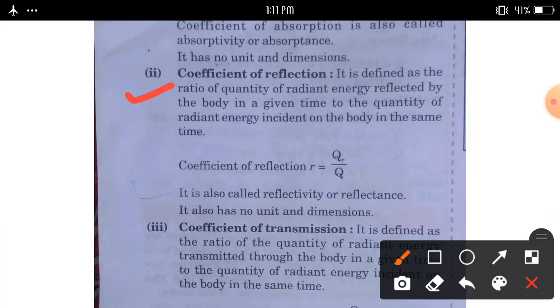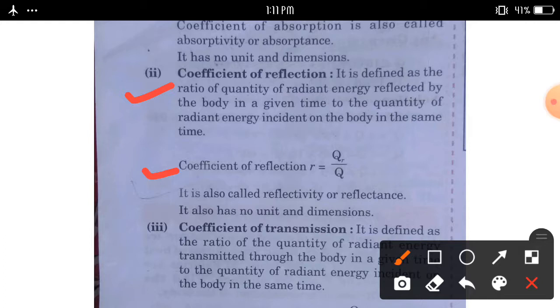Mathematically, we can write it this way: coefficient of reflection denoted by small r. Here Q suffix r is the quantity of radiated energy reflected by the body in a given time, and Q is the quantity of radiated energy incident on the body in the same time.